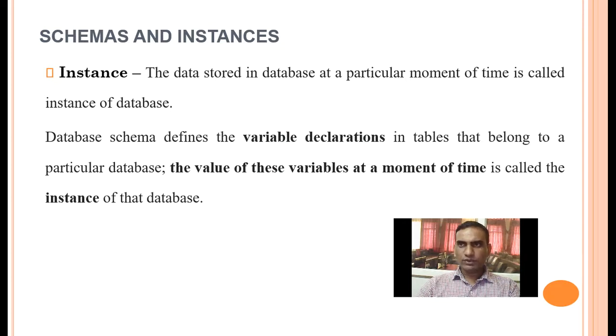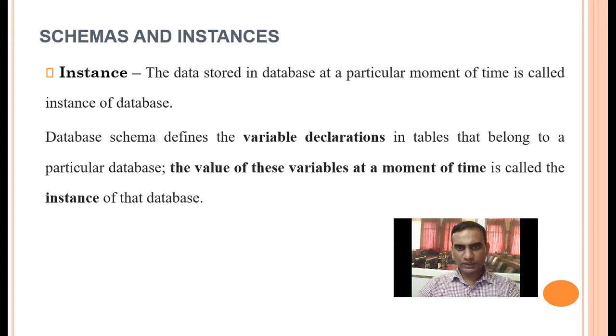Suppose you are writing a program for addition, at that time you require three variables: integer a, integer b and integer c. That is only the declaration of variables a, b, c. That is called the schema of your addition program. And whenever your program is run, you provide the value of a, you provide the value of b and you get the value of c. That is called the instance.